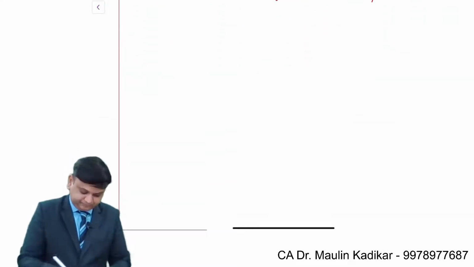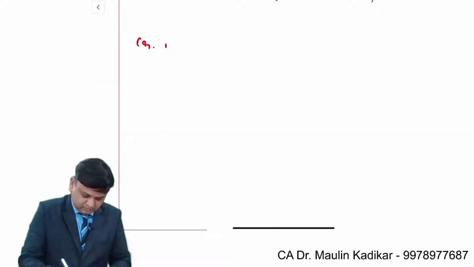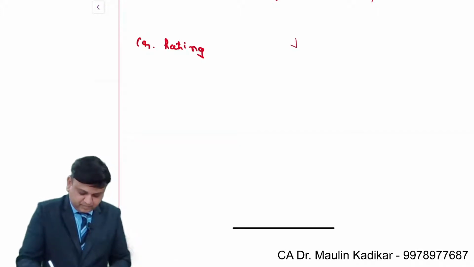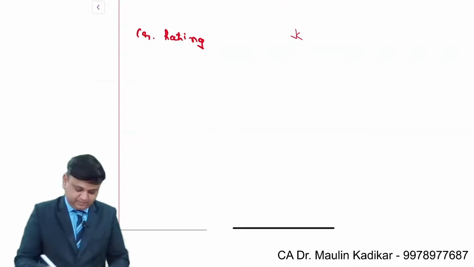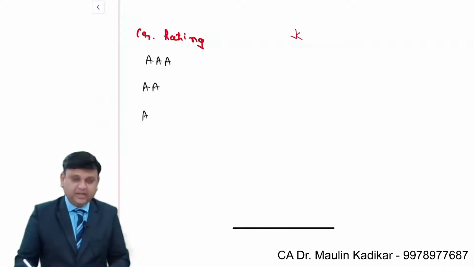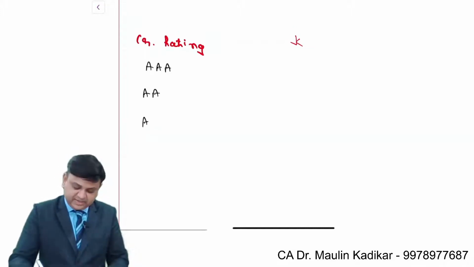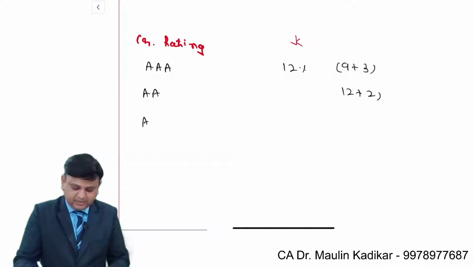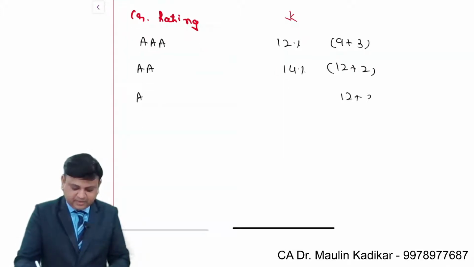Write down credit rating and then required rate of return. Triple A, double A and A. For triple A it is 9 plus 3, that is 12. For double A, 12 plus 2, that is 14. For A, 12 plus 3, that is 15.